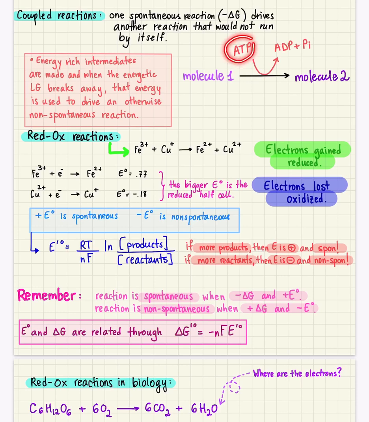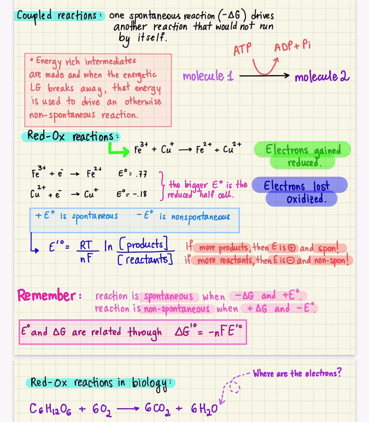In Lecture 5, I will talk more about ATP and how it actually contains the energy needed to run these reactions. But for now, just understand that these two reactions are coupled because the energy released from ATP hydrolysis into ADP and phosphate is used to drive the reaction between molecule 1 and molecule 2.